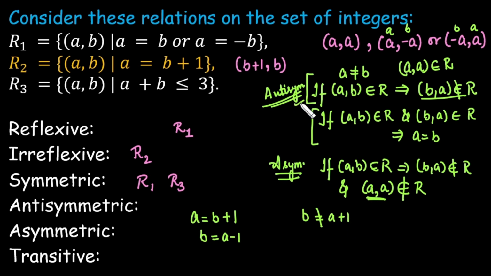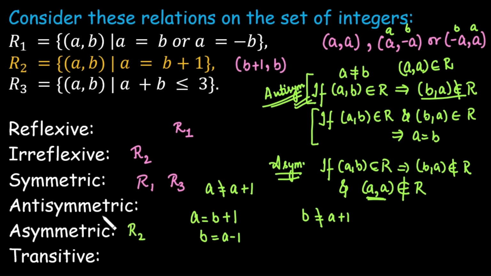So clearly this condition is valid. Now think whether such an ordered pair exists for R2. No. Why? Because A cannot be equal to A plus 1. So such an ordered pair is not there. So this condition is completely valid. The reverse is not there and such an ordered pair is not there. So it means R2 is asymmetric.